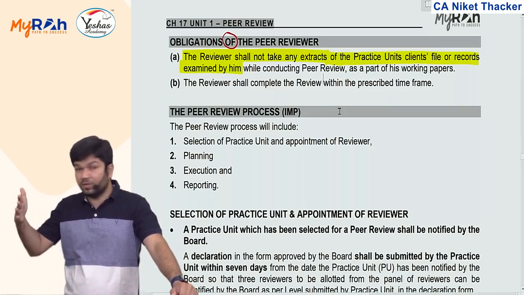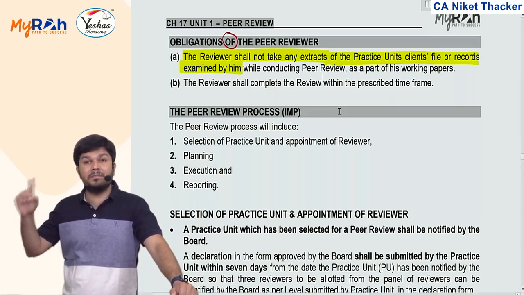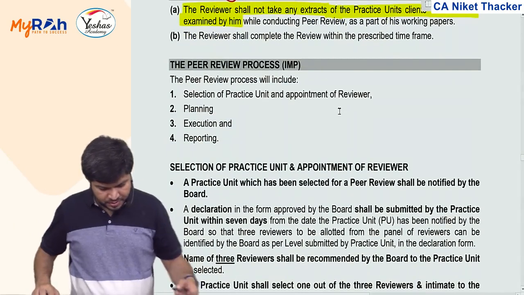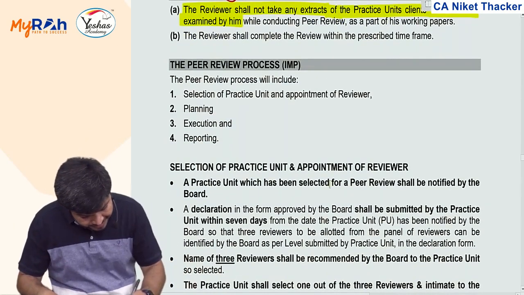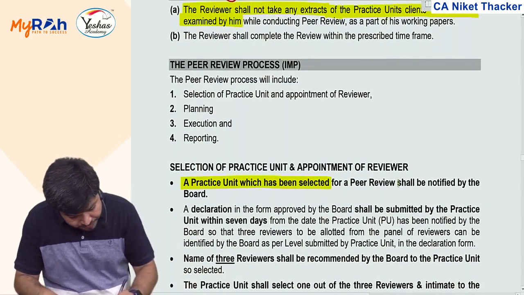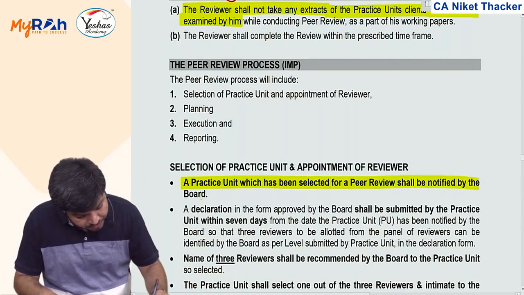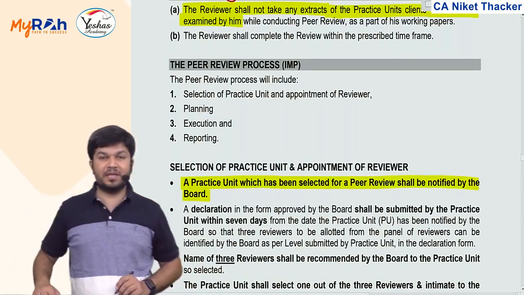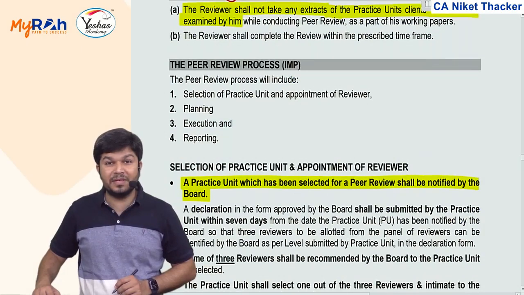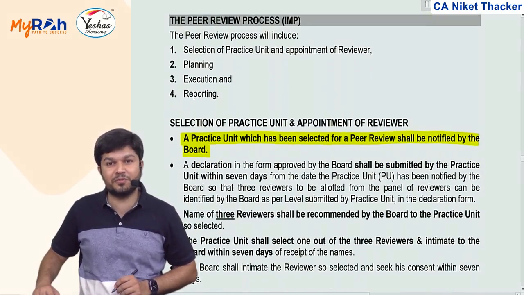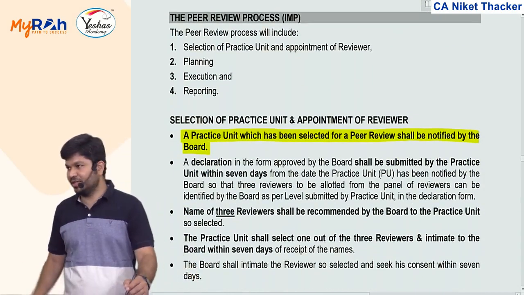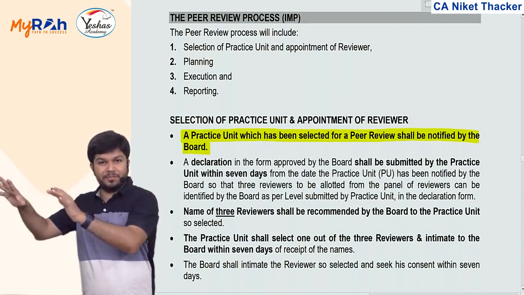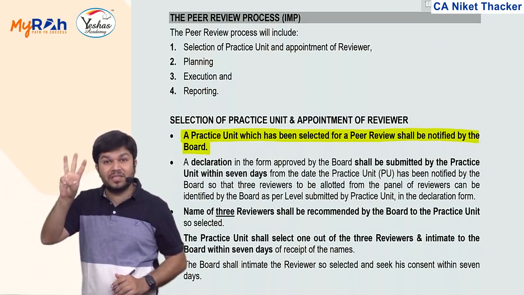Which PU? Okay, the review of the PU is decided by the peer review board. So the PU which is selected for a peer review shall be notified by the board, and the board will give names of 3 reviewers to the PU. Okay, the board has selected your firm. Now they will give you names of 3 reviewers.